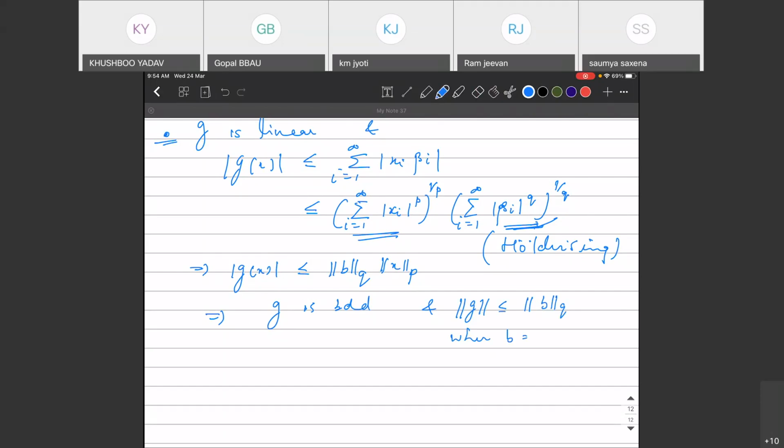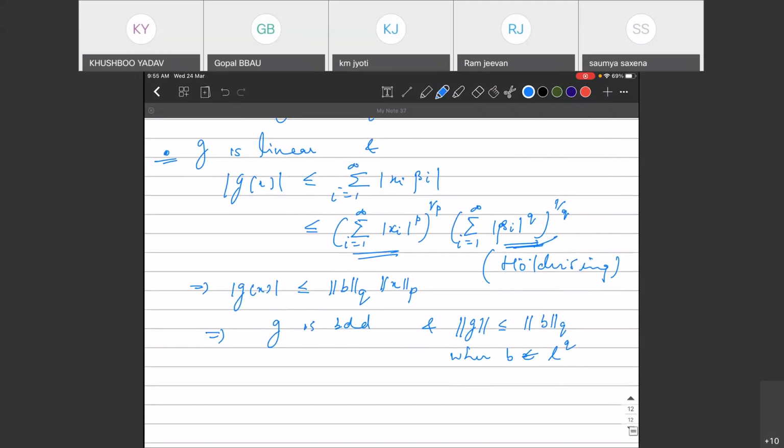So this is what you get. This B belongs to LQ. So G was linear, G was bounded. So this means G belongs to LP dash.